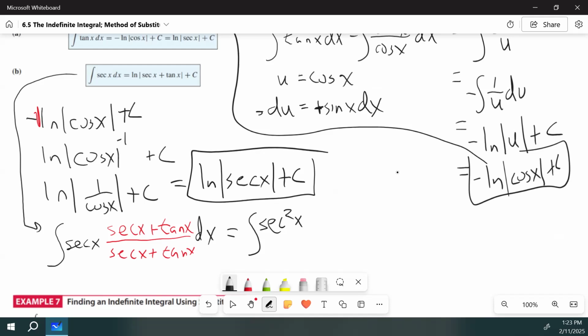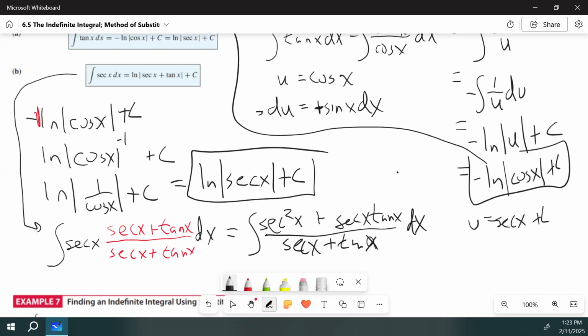So if we distribute to the numerator, you'd have secant squared plus secant x tangent x over secant x plus tangent x dx. Now, the numerator is the derivative of the denominator, because if u is secant x plus tangent x, then du is derivative of secant plus derivative of tangent, which is secant squared x, which is what we have in the numerator here.